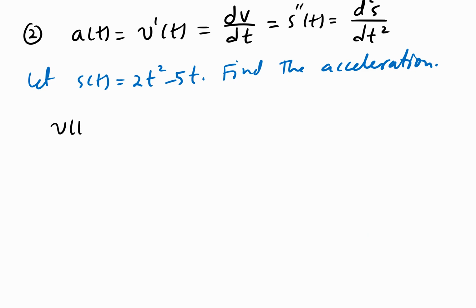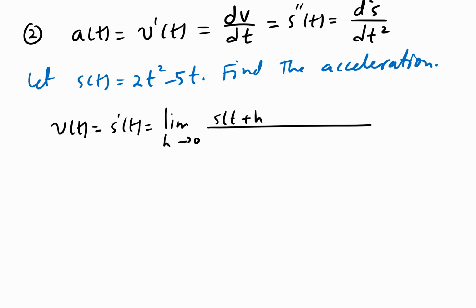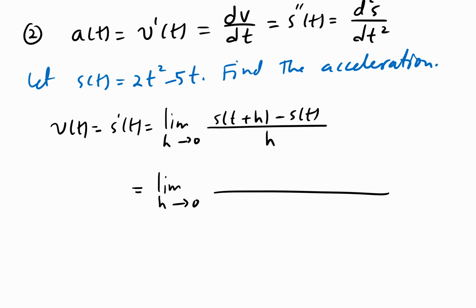So first, to find the acceleration, we need to find the velocity, which is s prime of t. Limit as h goes to 0, s of t plus h minus s of t all over h equals limit as h goes to 0, s of t plus h.